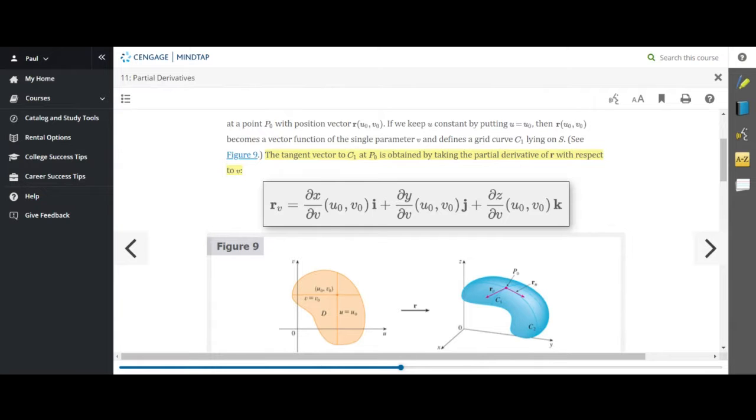If we want a derivative of the space curve C1 at the point P sub 0, we just take the derivative of our vector function of two variables, keeping the u variable fixed.